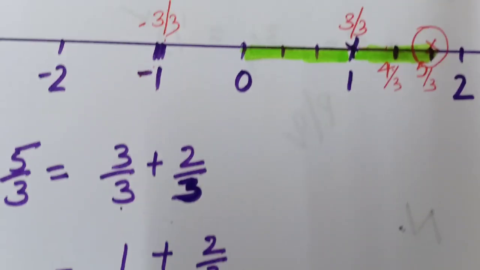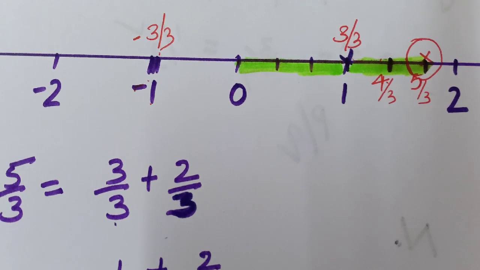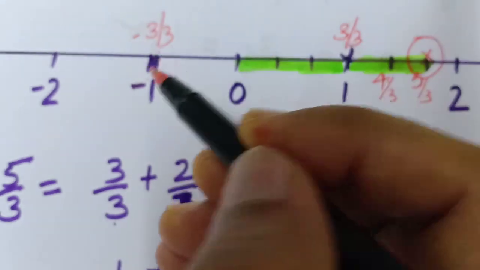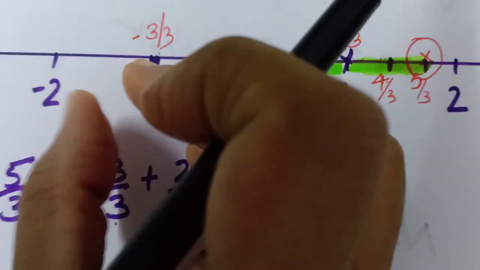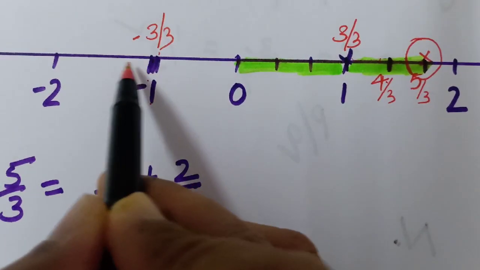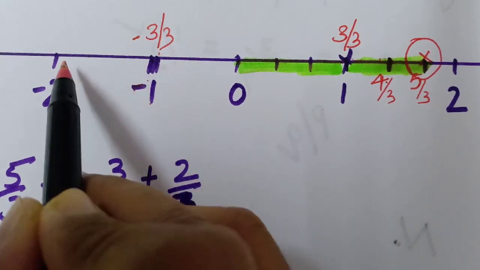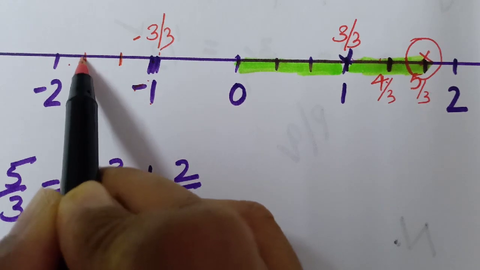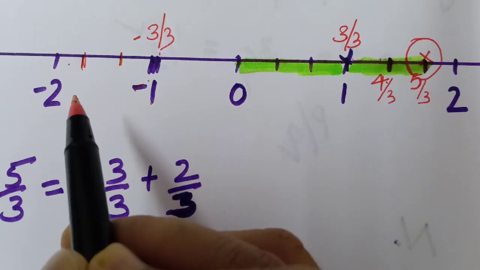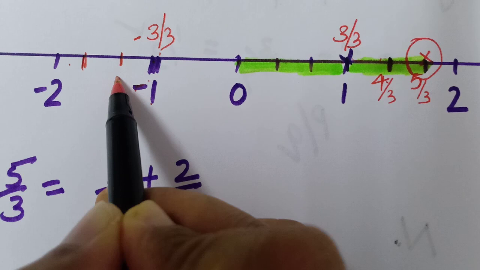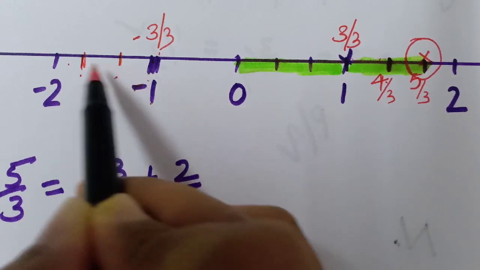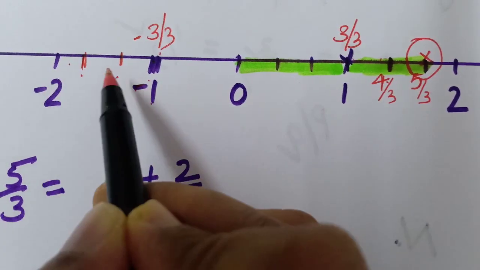So see here, minus 3 by 3 means this one, and again we need minus 2 by 3. So this part, minus 1 to minus 2, should be divided into 3 equal parts. This will be minus 4 by 3, and this is minus 5 by 3. Why have we divided this again into 3 equal parts?